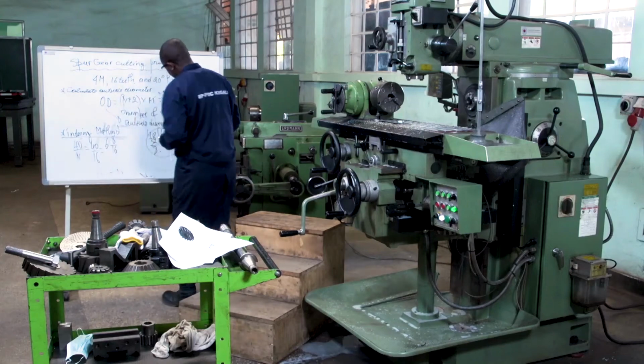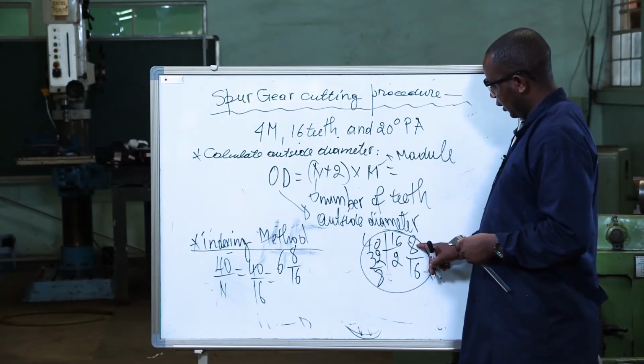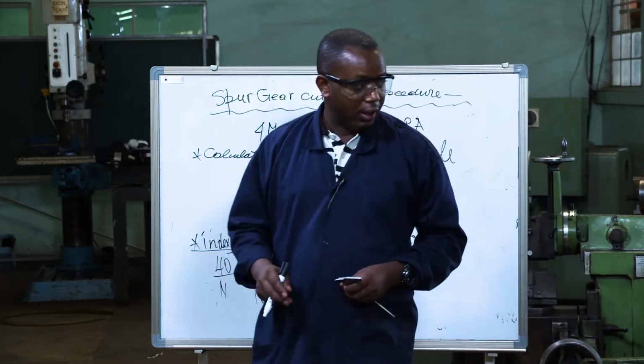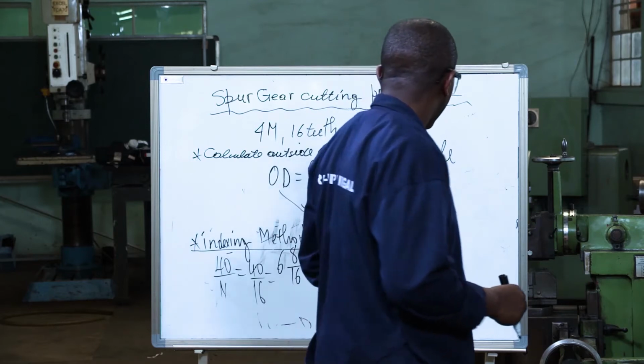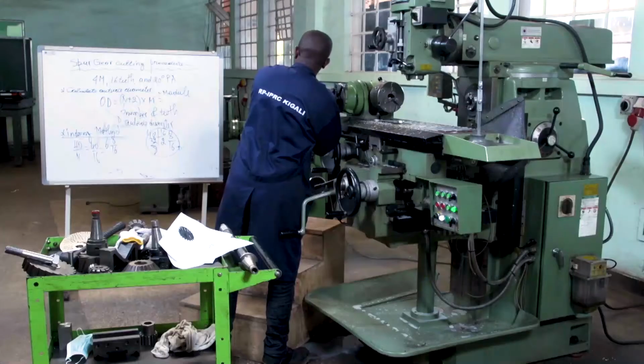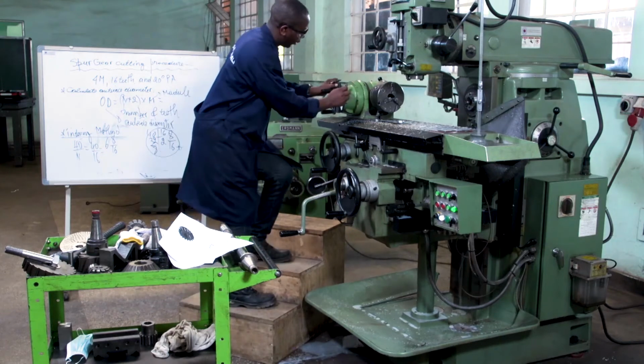I explained it before. This is indicating the whole cycle. This is indicating the holes that have to be added after turns of the indexing crank. Here we have 16. Can you look here? Where?